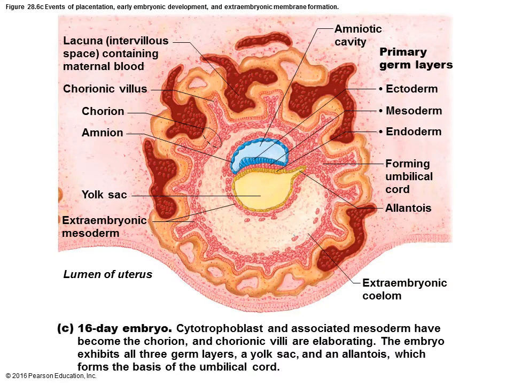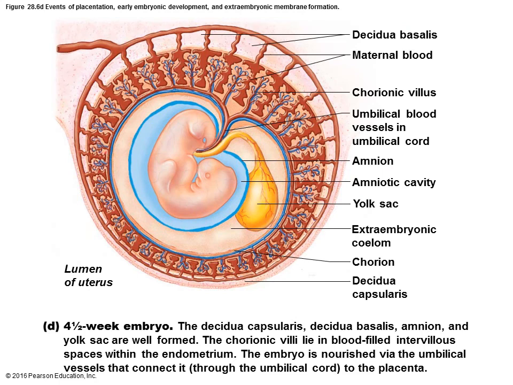And then by 16 days, once again, the embryo is now starting to show the 3 different germ layers. You can see the yolk sac, the allantois, which, as I said, is going to form the umbilical cord. At 4.5 weeks, you can see the embryo.